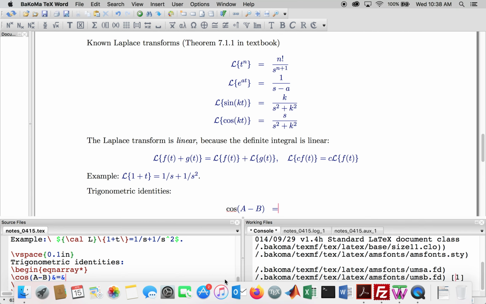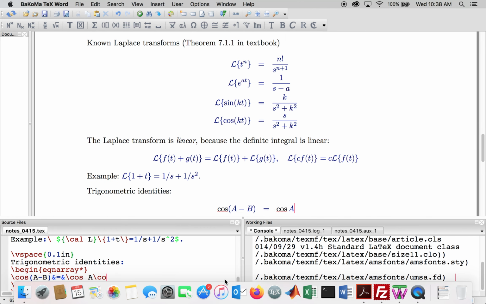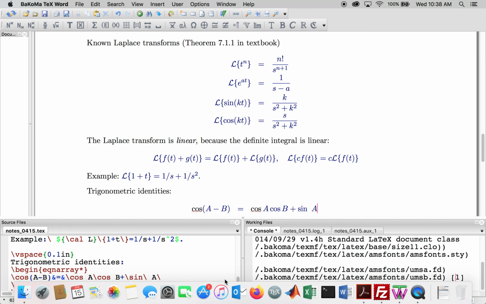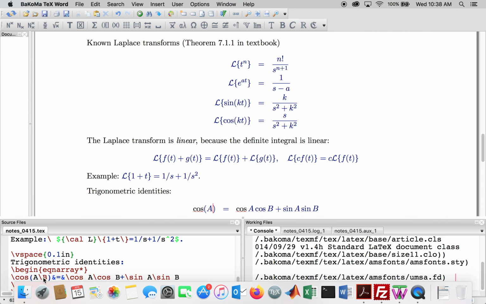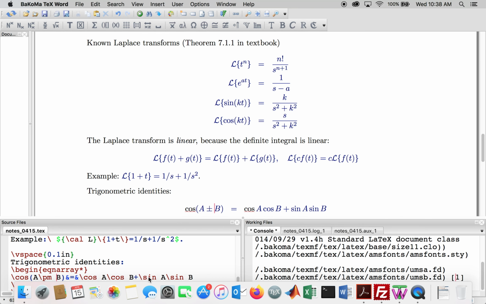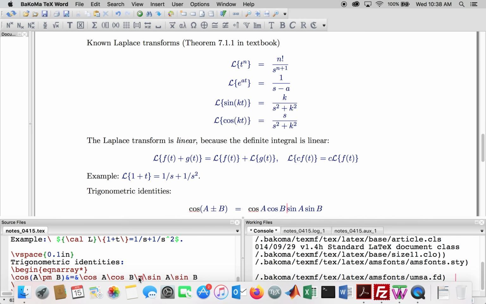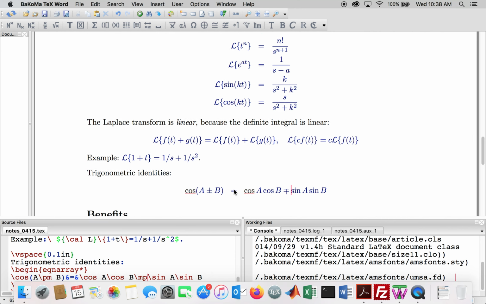Just replace b with minus b. So that's cosine a cosine b plus sine a sine b. Or another way of putting it, if I had plus or minus, then what you have here is minus plus. So whatever sign you have in here, it must be the opposite sign here.